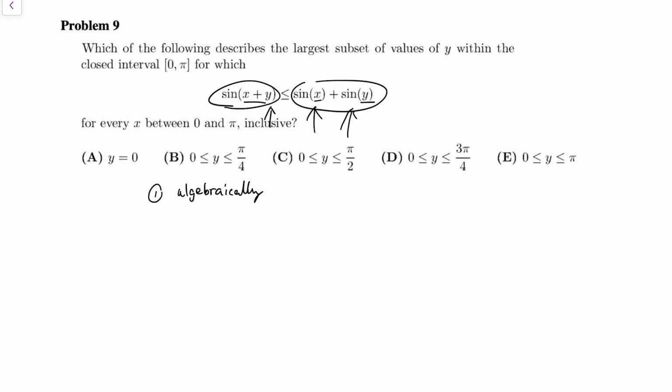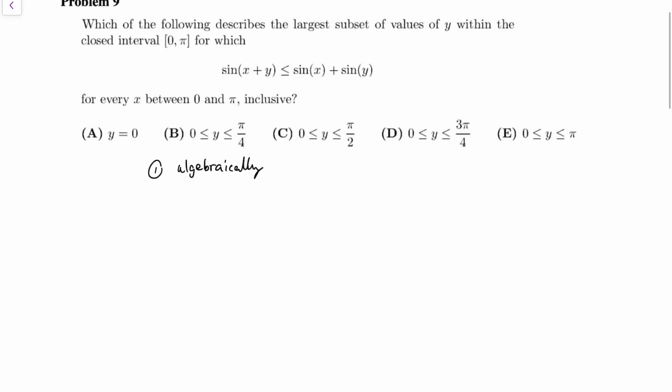The second one looks good, but in general I have a very strong feeling that we're going to use one of the trigonometry formulas, which of course they examine a lot in high school math competitions. It's sine of a plus b equals sine a cosine b plus sine b cosine a.